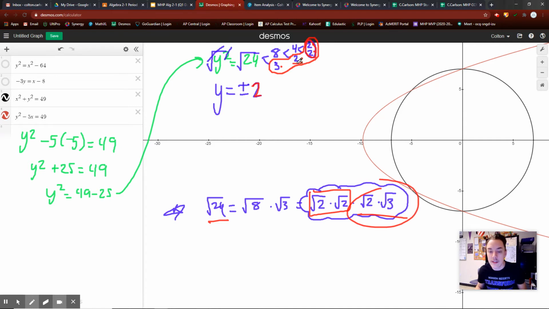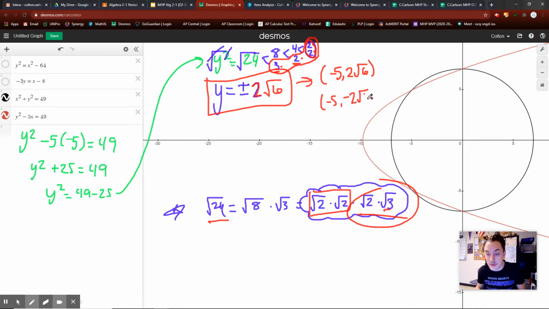Radical 2, this 2, or radical 3, that 3. Can I do anything with it? No. So 2 times 3 is 6, so I'm going to leave it underneath the radical. That's my y coordinate, which means I have negative 5, comma, positive 2 radical 6, and then I have negative 5, comma, negative 2 radical 6, because it's plus or minus.